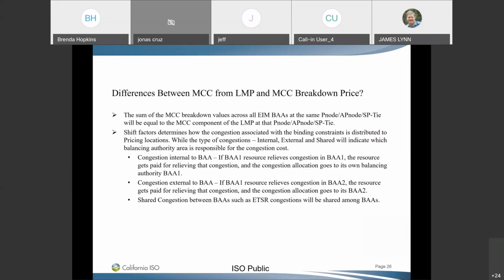There might be some odd circumstances because part of the market separation is we look to see what was your balancing flex test, what is the most limiting constraint at the ETSRs. And if you have a base ETSR that has a change between base schedules and final, well, that can cause some congestion to shift between the balancing authority areas.